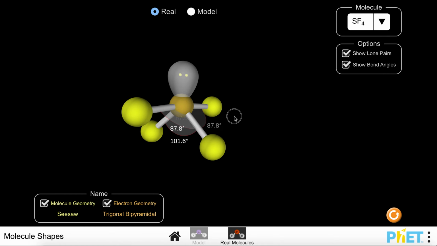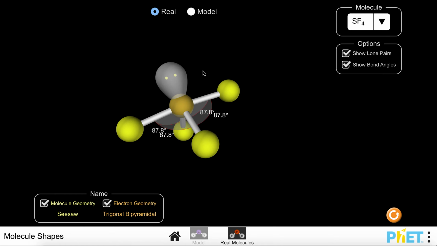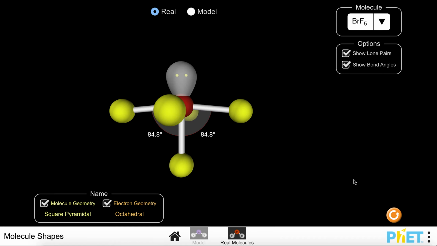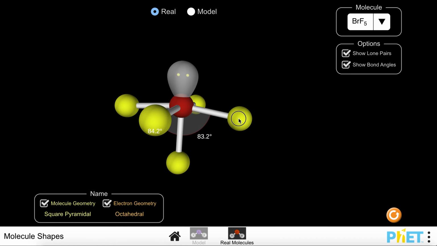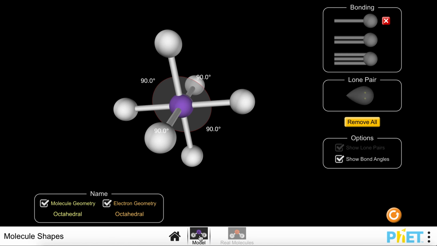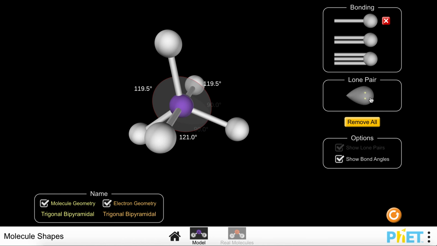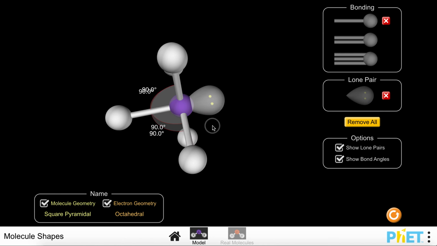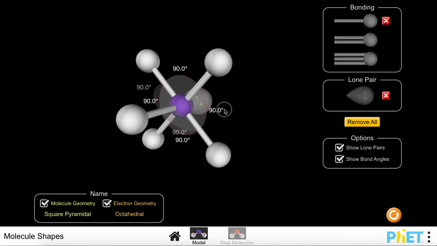So now we see, well, this isn't the one I wanted. Let's do BrF5, yes. So okay, so we go back to the model. We had this model here. We're going to get rid of one lone pair, add in. Okay, so if we look here, we can see that our model shows that the angle at which everything is 90 degrees, 90 degrees.